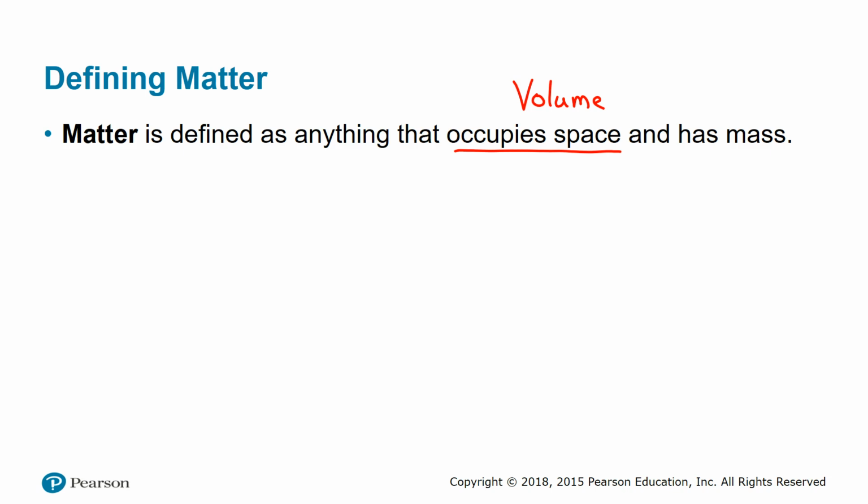That's a definition we've already gotten, but again, it's not going to go away anytime soon. So we're going to break down matter a couple of different ways. The first thing that we're going to talk about is the states of matter, or the phases of matter.